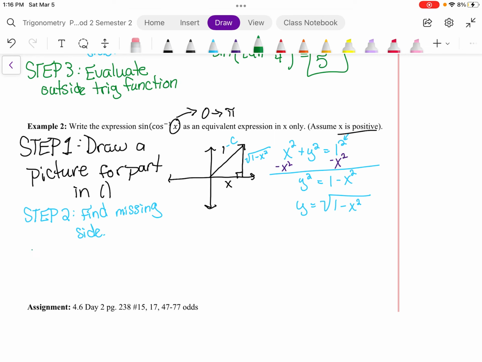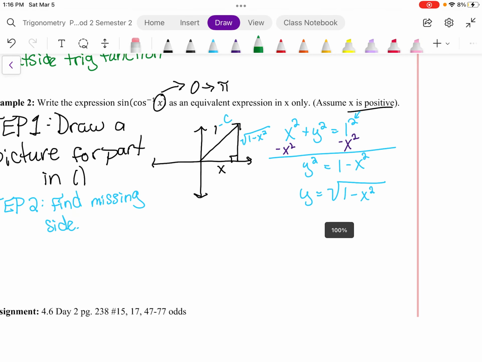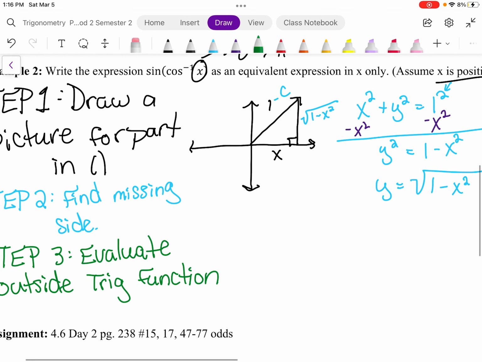So now that we're done with finding the side of our triangle, we're going to move on to step 3. And this one, we are going to evaluate the outside trig function. So our original equation was sine of the inverse cosine of x. We drew a triangle for the inverse cosine of x.